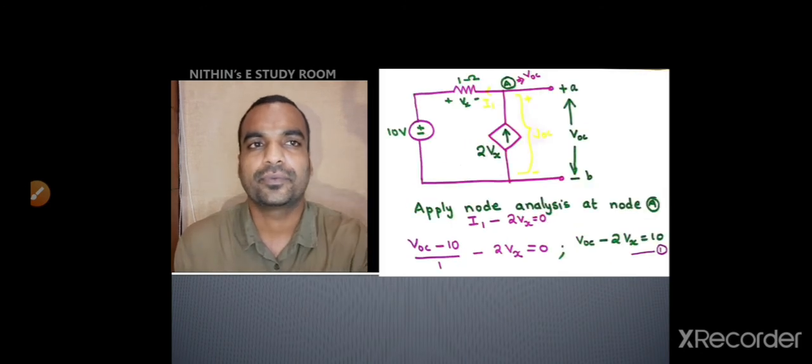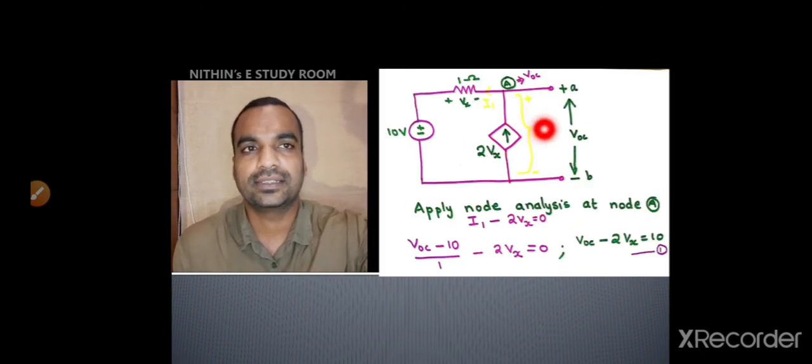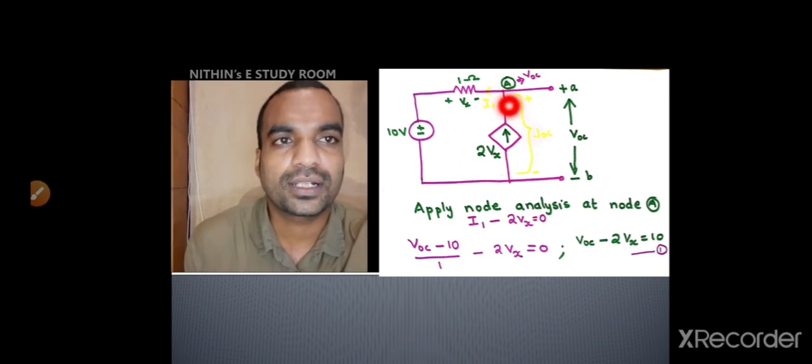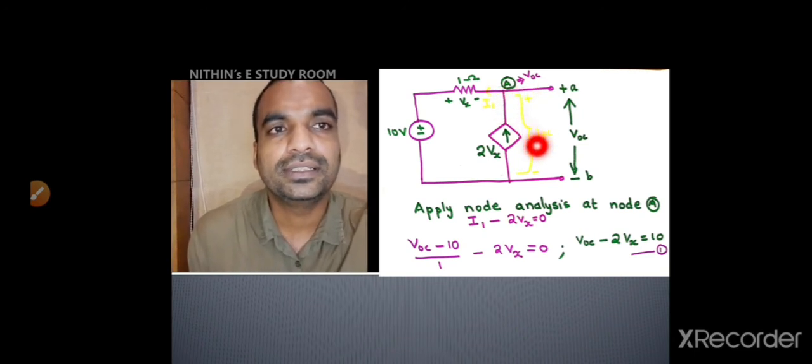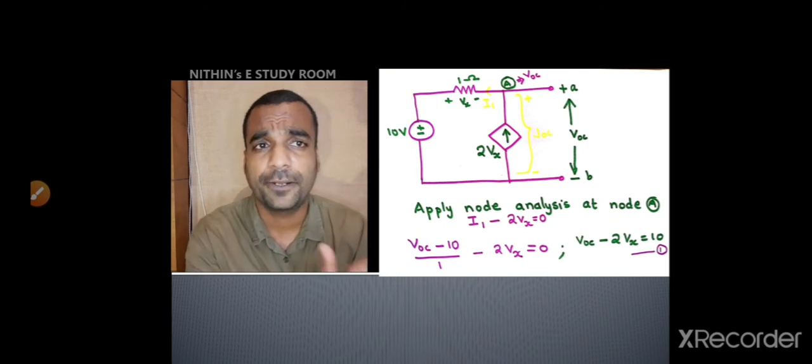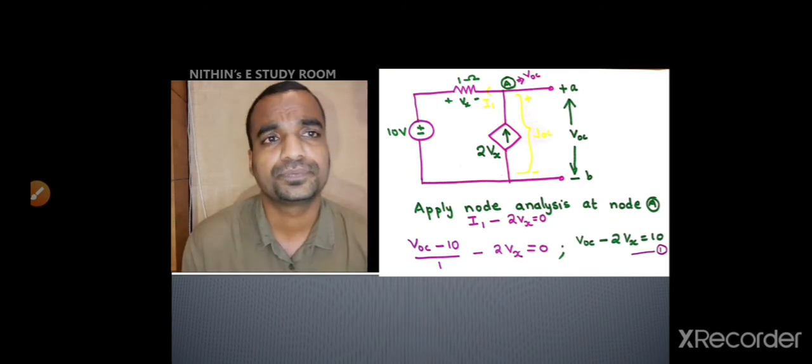Okay, in the next slide we can see, because this point and this point are identical, so it is parallel. So as it is parallel, I have drawn it with the yellow color. It is not visible now. This branch will get the same voltage as that of the load terminal. So VOC will appear across this branch also.